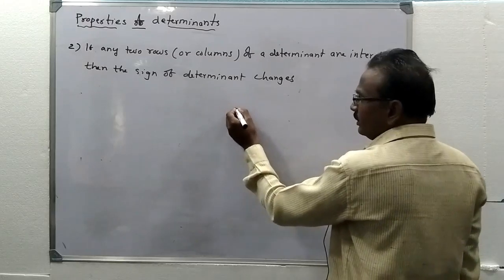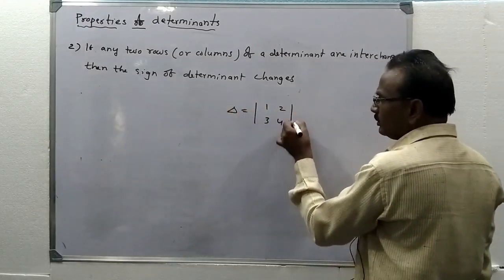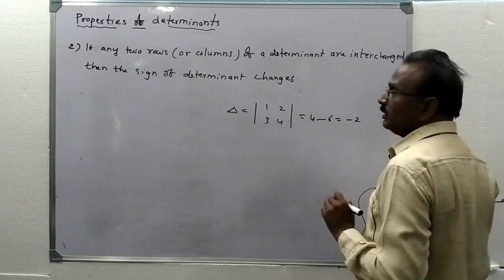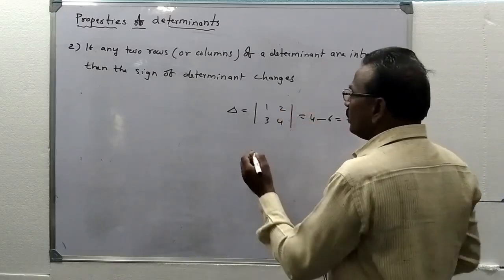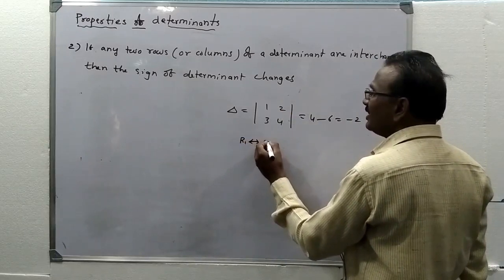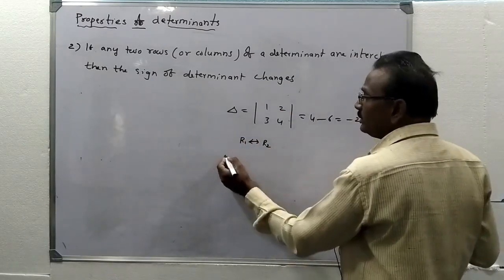Suppose delta is the determinant of 1, 2, 3, 4. So that is 1 into 4 is 4 minus 6, the value is minus 2. Suppose you apply R1 and R2 interchange, interchanging two rows. That is delta dash.